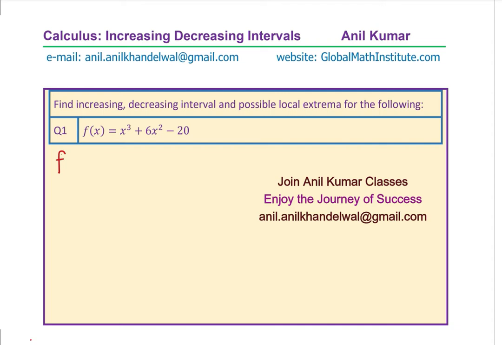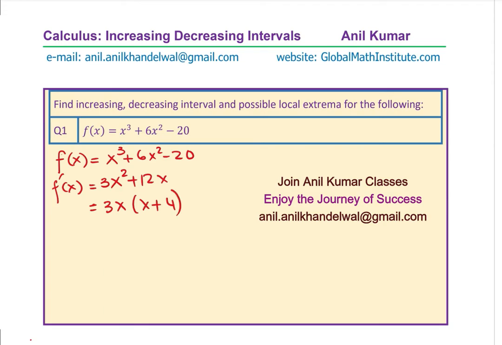In question number 1, we are given the function f of x equals x cubed plus 6x squared minus 20. Let us find the derivative of this particular function, which is going to be 3x squared plus 12x. To find the critical number, we can actually factor this and we get 3x times x plus 4 as the other factor.